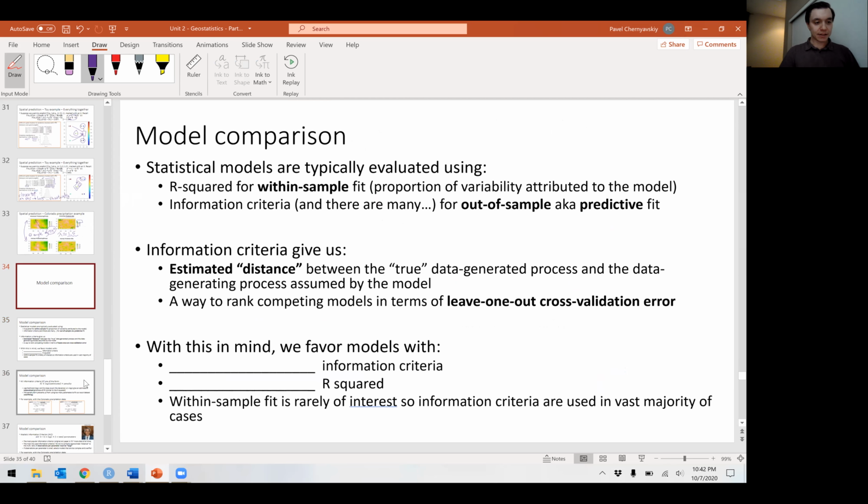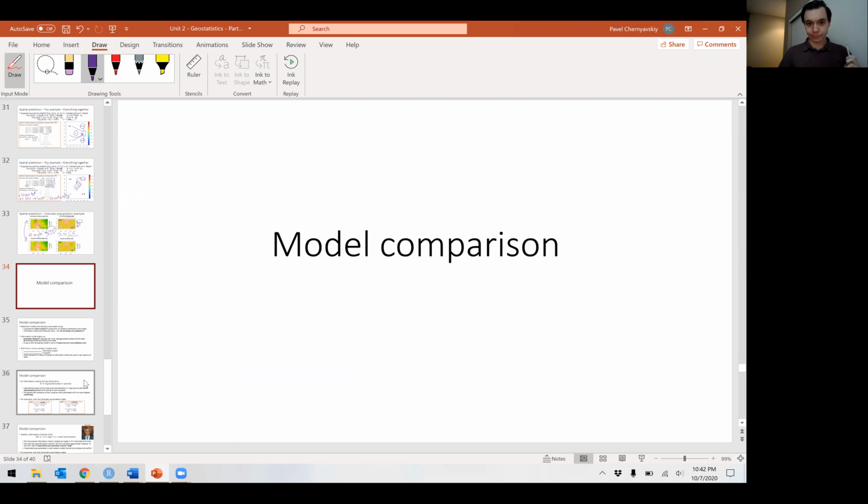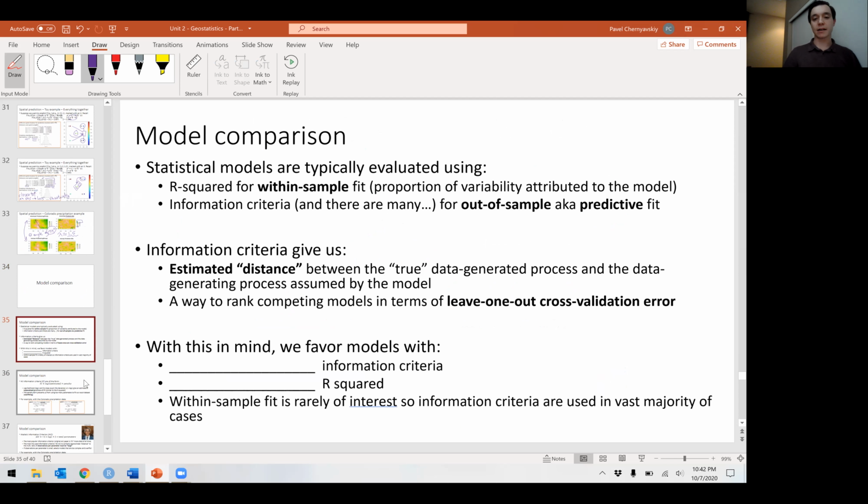Now, to close out this crazy unit, I want to take a look at model comparison. I have pretty quickly said, oh, let's take a look at the AIC, the BIC, but I want to treat it with a little bit more detail right now. So statistical models are evaluated usually using something like an R² for within sample fit.